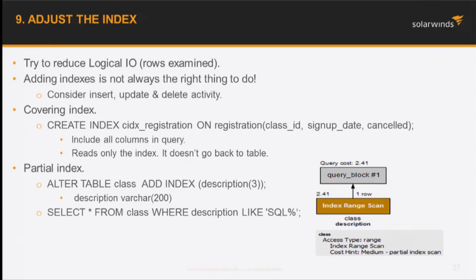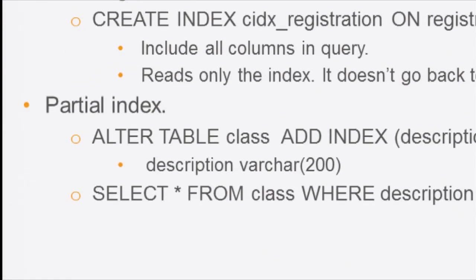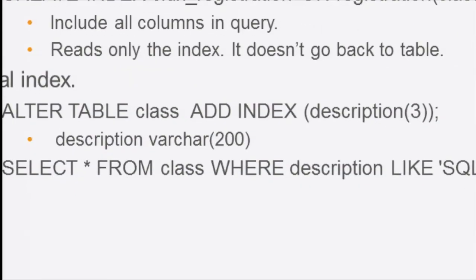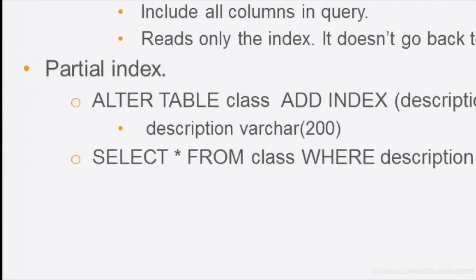The other way you can do it, and this is kind of an interesting way, especially if you've got a lot of text fields, and with NoSQL and all the data that you're getting now with text, you might want to index a description. So here I have an index on a description of VARCHAR 200. To make that an index, that's a lot of memory to take up if I've got a very big table. So I may not want to read that whole index. If I could use that index with a LIKE and just put so many characters, because I know it's unique, then I can actually do a partial index.